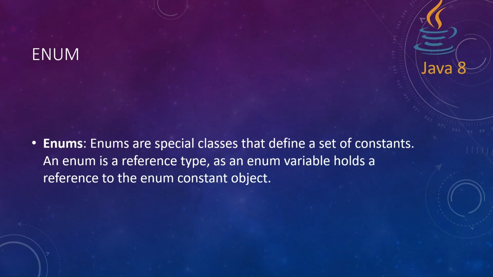So many states are happening to the order somebody has placed online. In such cases you need some reference type to hold values that are going to be constant.